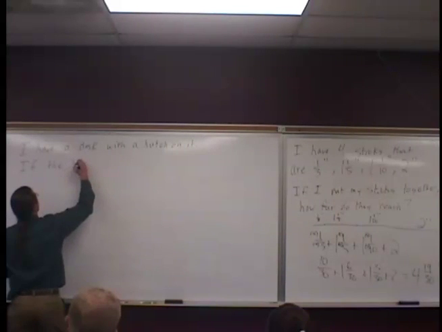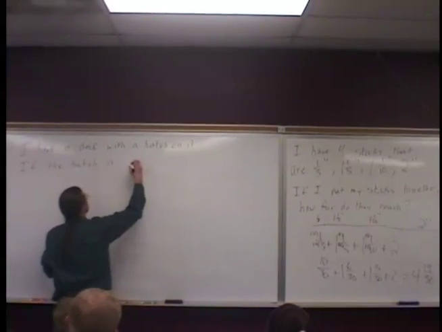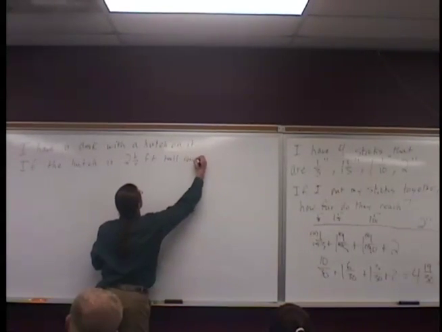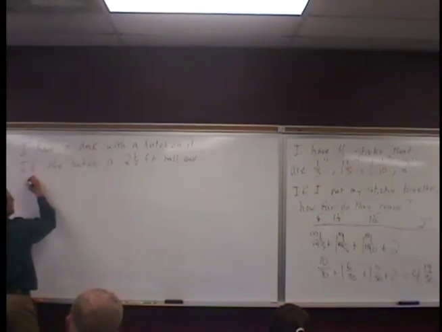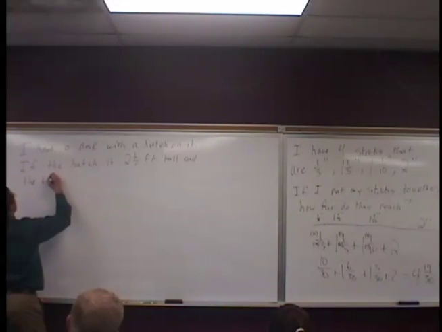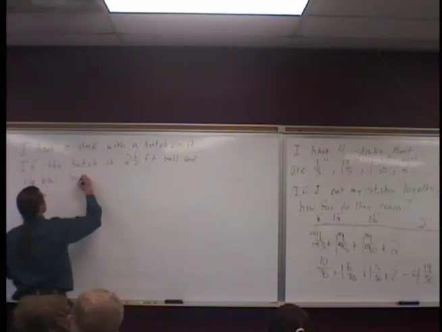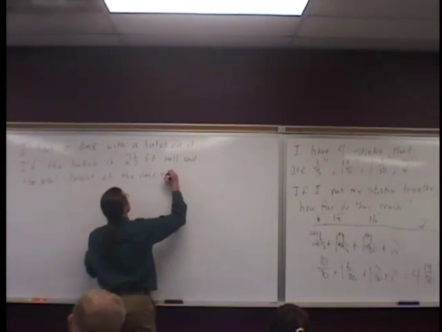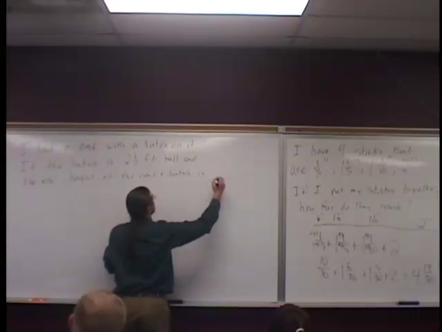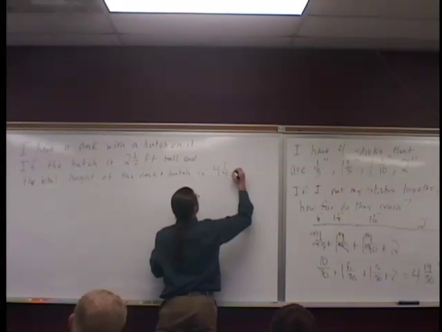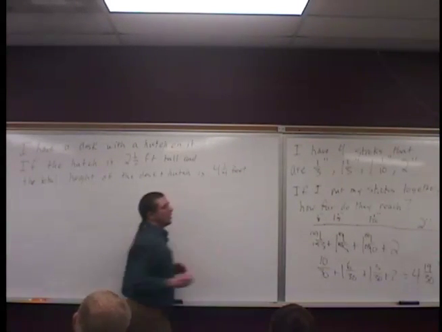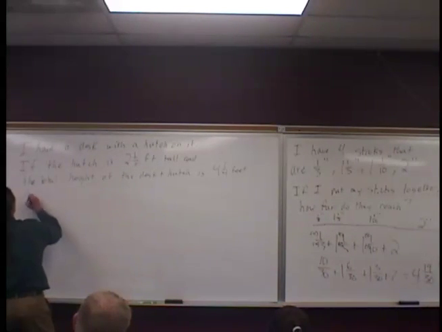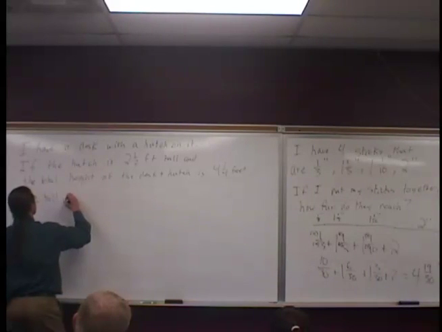If the hutch is 2.5 feet tall and the total height of the desk and hutch is 4.25 feet tall, guess what I'm going to ask? How tall is the desk?